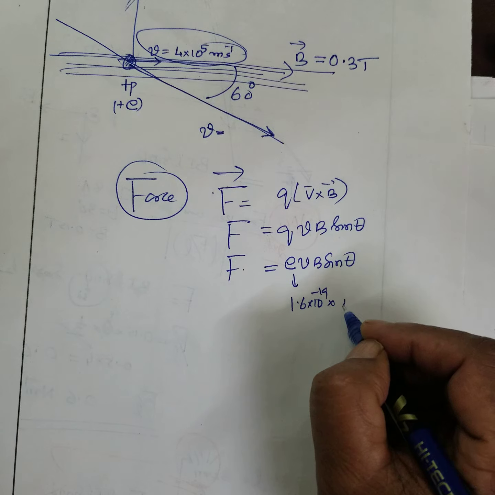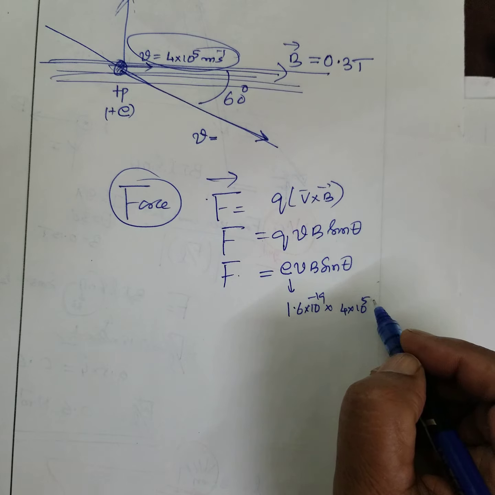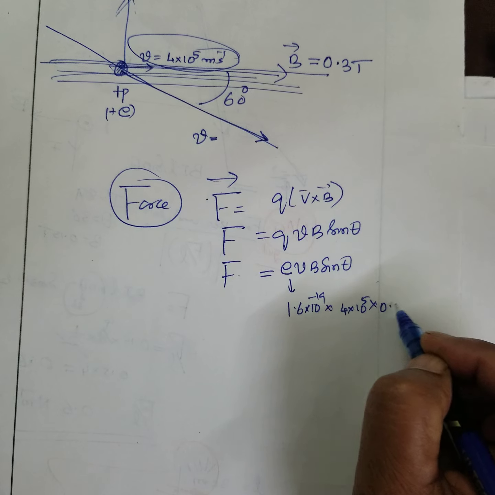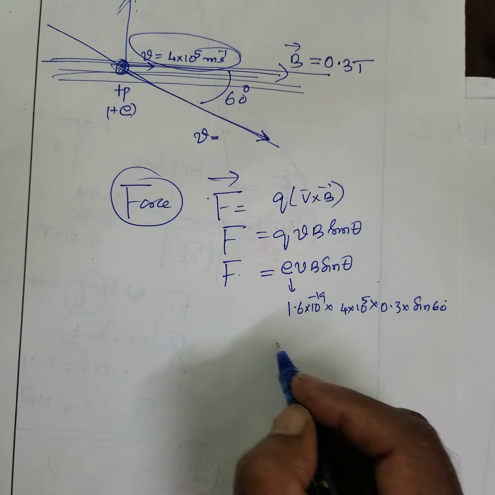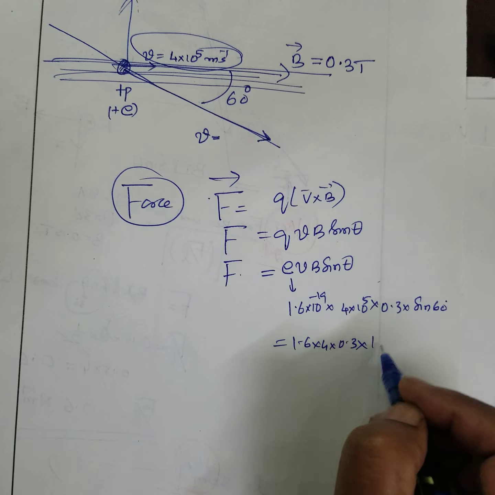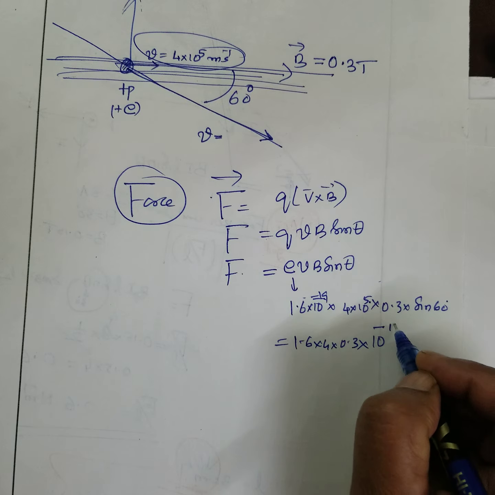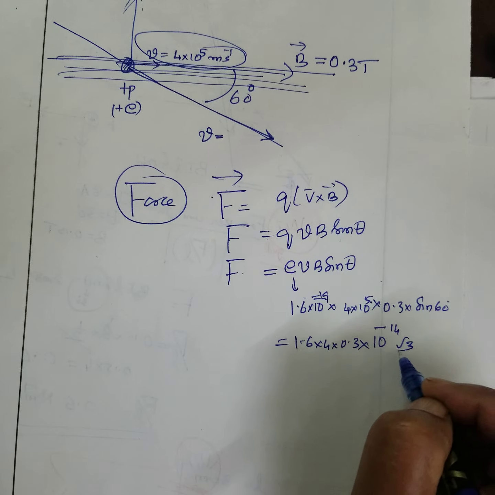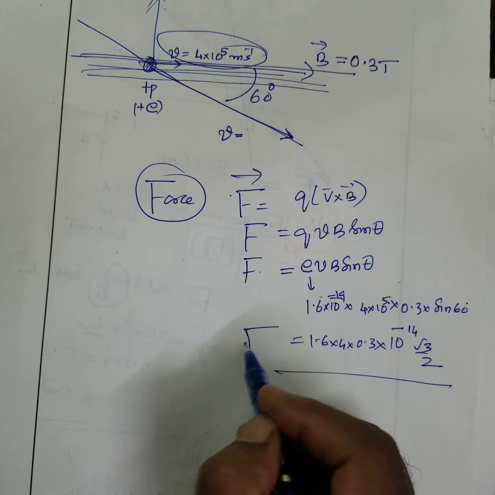Velocity is 4 into 10 to the power of 5, into B. B is 0.3 into sin 60. That is 1.6 into 4 into 0.3 into 10 to the power of minus 19 plus 5, which is minus 14. Sin 60 is root 3 by 2. Now you know how to calculate this.